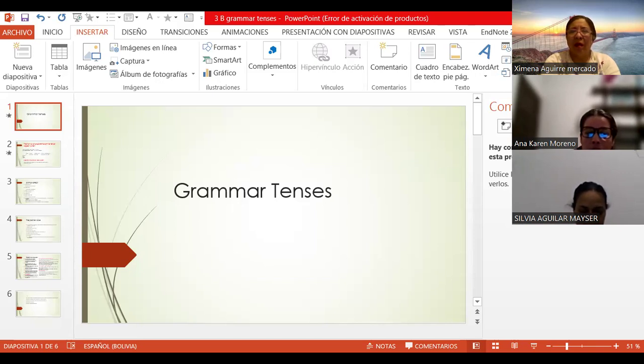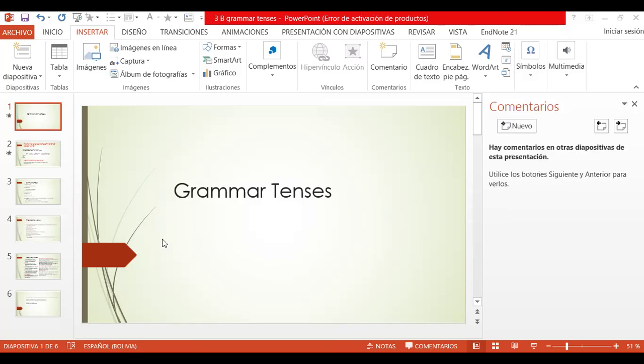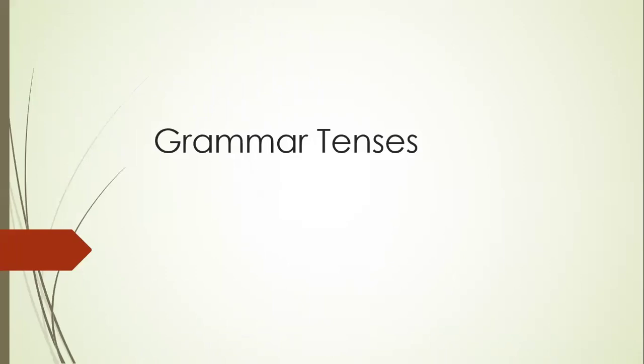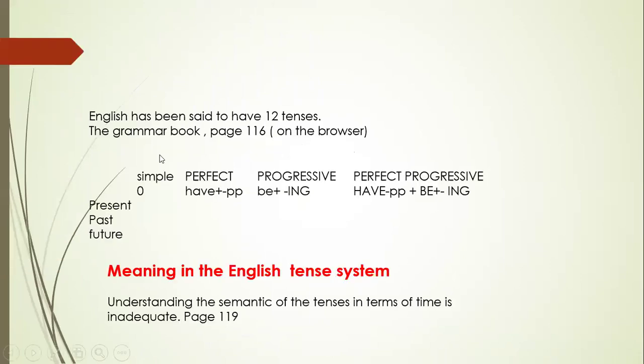Let's start with grammar tenses. How many tenses are there? Well, English has been said to have 12 tenses, according to the grammar book, page 116.